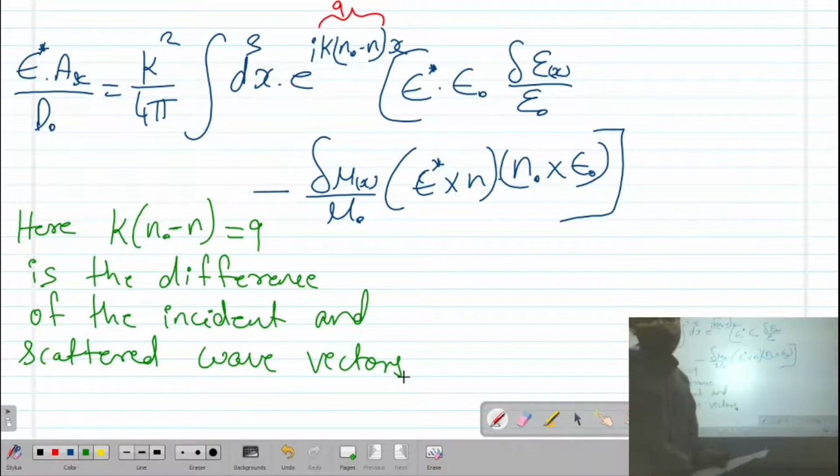Here k of n0 minus n is equals to q, the difference of the incident and scattered wave vectors. Now we have just obtained the equation.